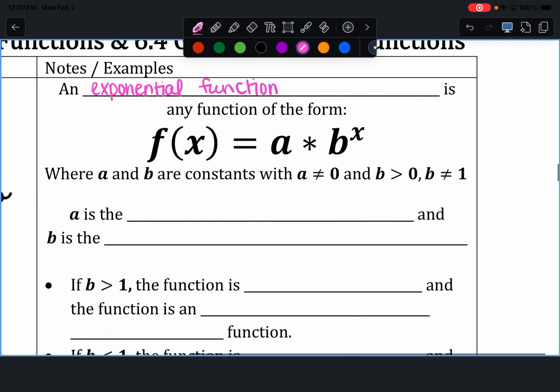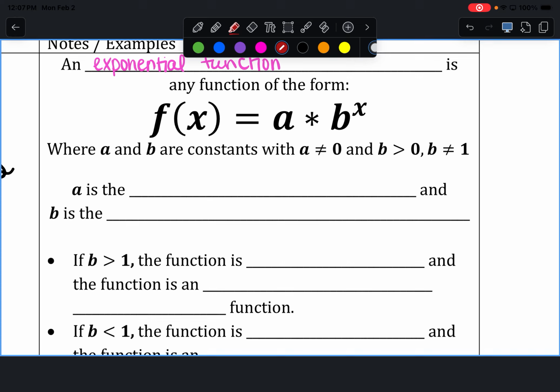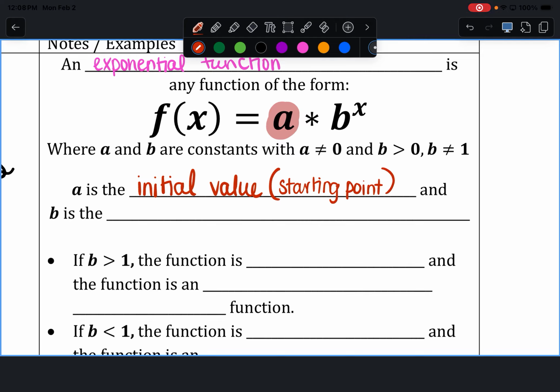Okay, so a, this number that is in the front here, is our initial value. That is also considered our starting point, where we are starting. And it can also be our y-intercept, okay?